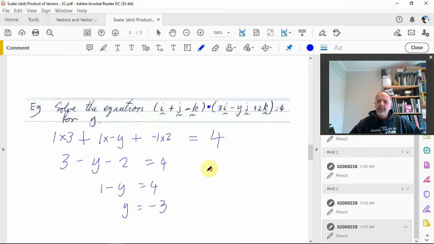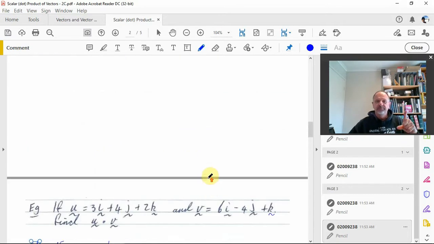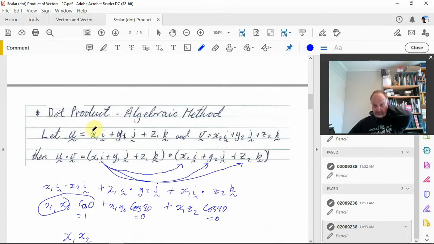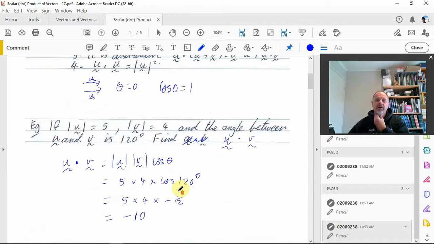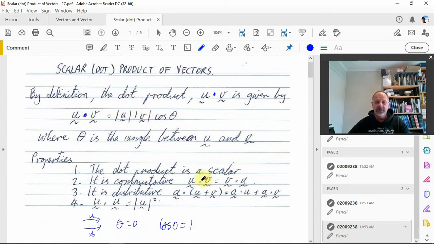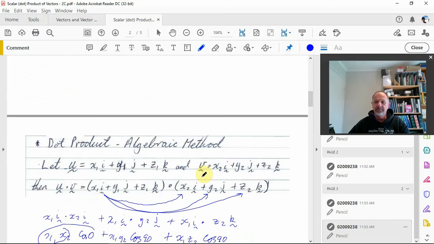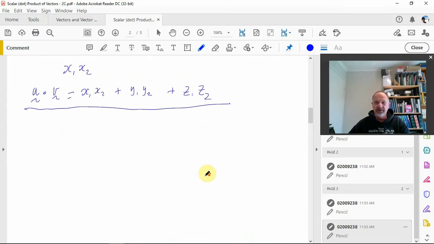Now, we've looked at the algebraic method of doing the dot product, and we've also looked at the definition of the dot product up here. Seeing as we know those things, we can combine them to find the angle between vectors.